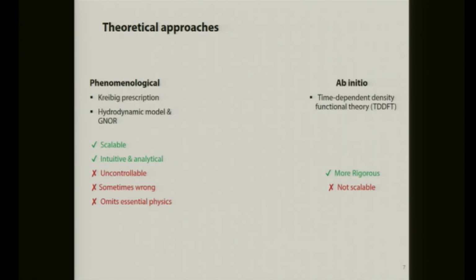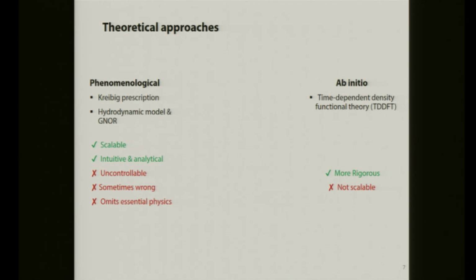In fact, to remedy this situation, there have been complementary theoretical approaches, top-down or bottom-up. The first approach is a phenomenological treatment, such as Kreibig or Gener, to fix the Maxwell equations with another master equation, such as a convection-diffusion equation or hydrodynamic models. The second approach uses ab initio solutions such as TDDFT.